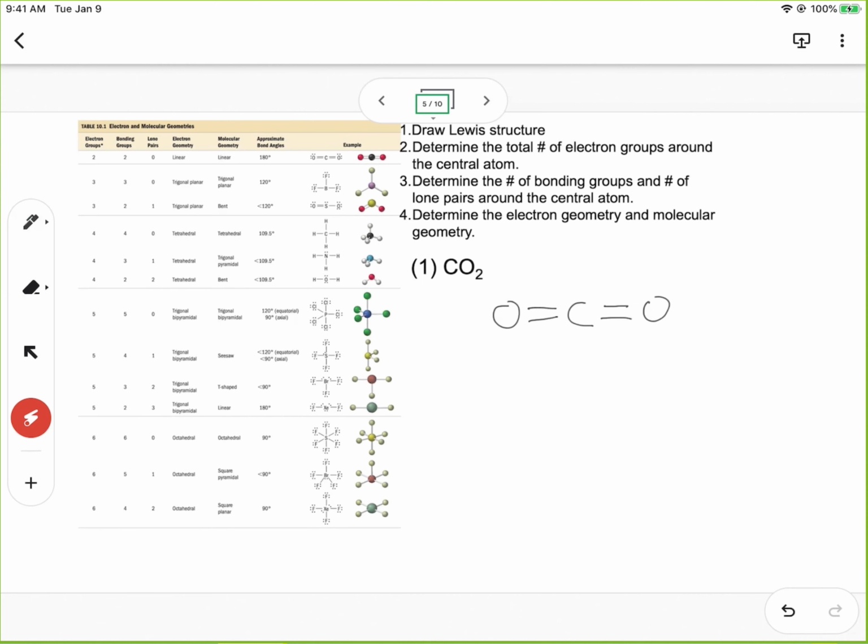The number of bonding groups is 2, and the number of lone pairs is 0. So it's going to be 2, 2, 0. This 2, 2, 0 tells you the electron geometry would be linear and the molecular geometry would also be linear. This is how we identify both geometries for carbon dioxide.